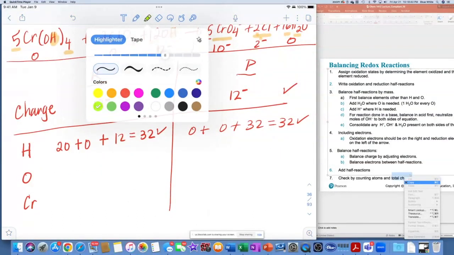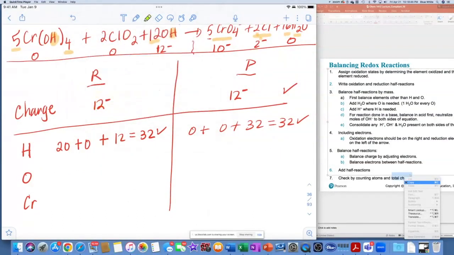For oxygen, I'm going to pick a green color. Oxygen, like hydrogen, has this right here, 5 times 4. So for the first formula, it's going to be 20. Second formula, 2 times 2, 4. Third formula is this one right here.